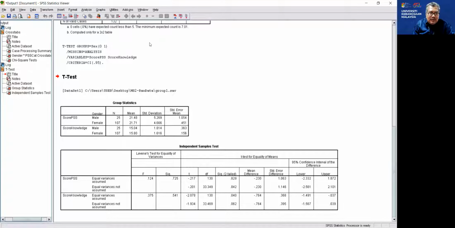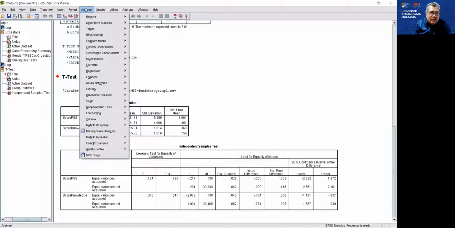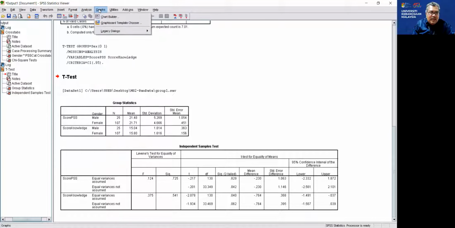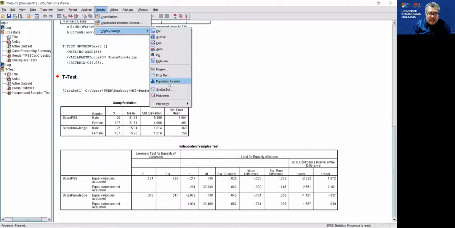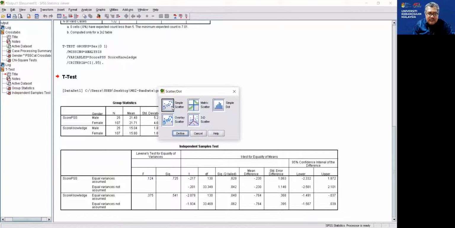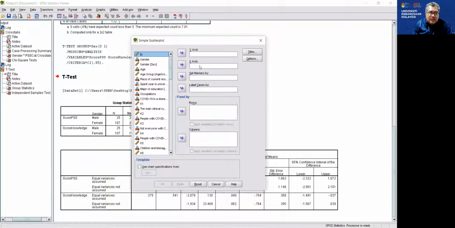Next, the last one I'm going to show you is correlation. Right now we have to see whether there's any correlation between the stress score and the knowledge score about COVID. So to do correlation, first we do a legacy dialog. Select scatter, define.